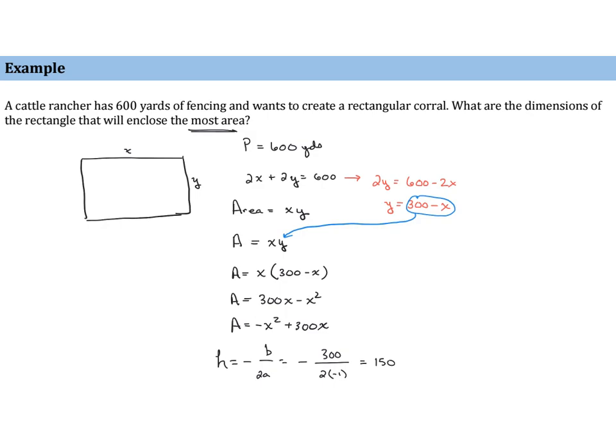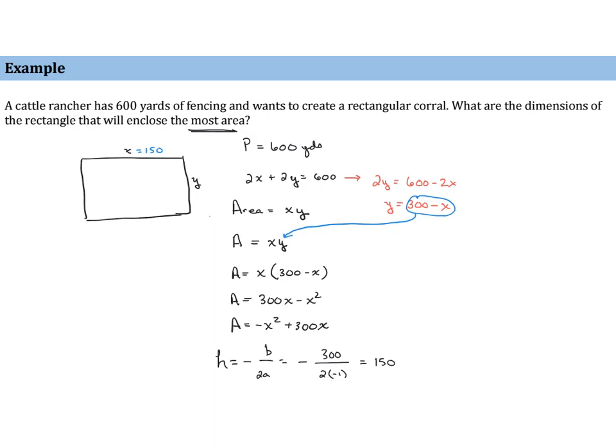Now, what does that mean? That means that our area has a maximum. Notice our parabola is opening downward, so our vertex is at the top. So that maximum is obtained whenever x equals 150, or that yields the maximum.